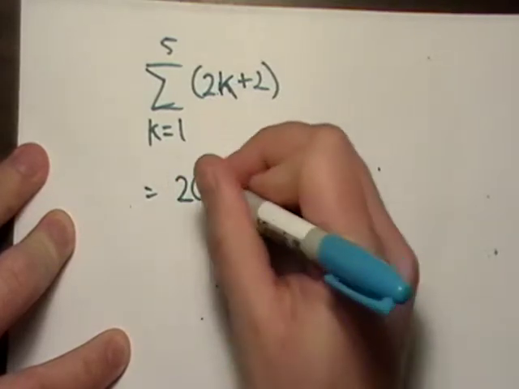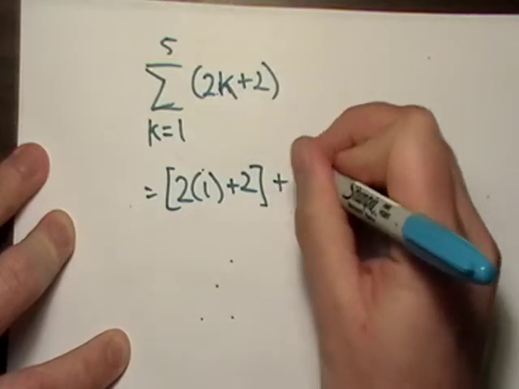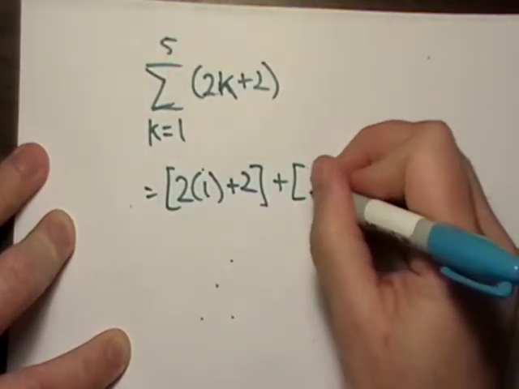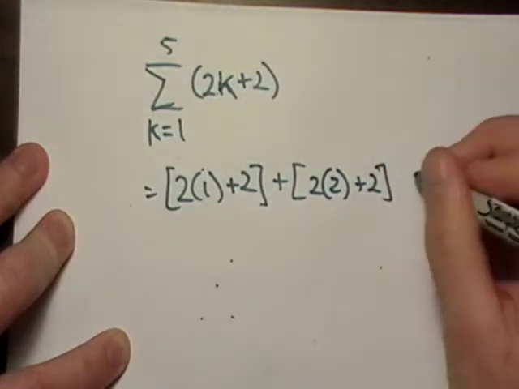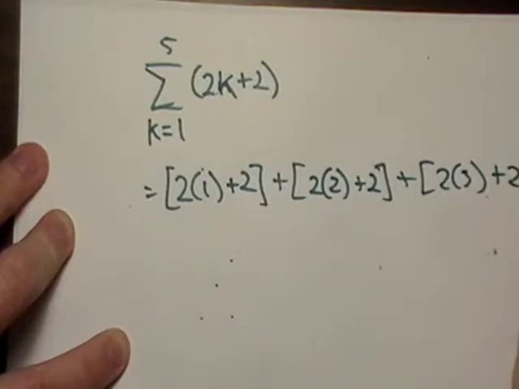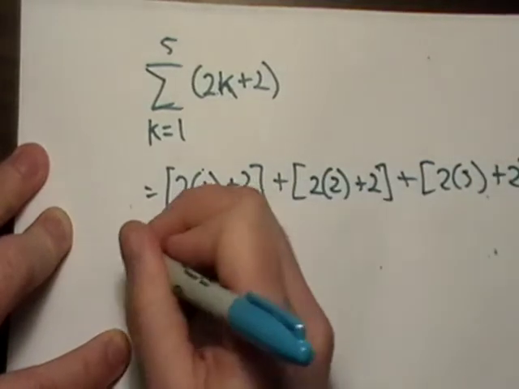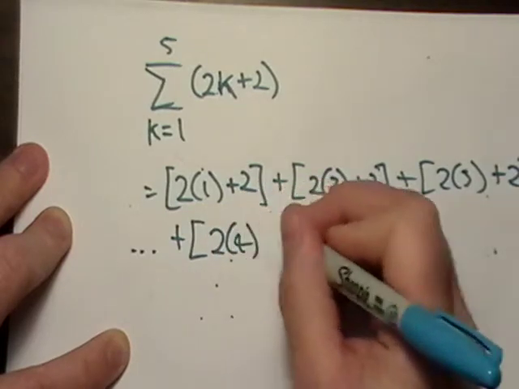So let's go k to be 1, and then we're going to go 2, then we're going to throw a 3 in there, we'll go 4.